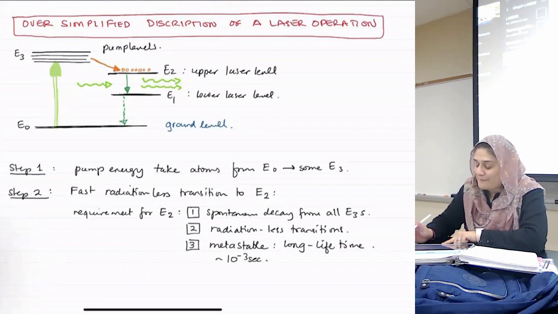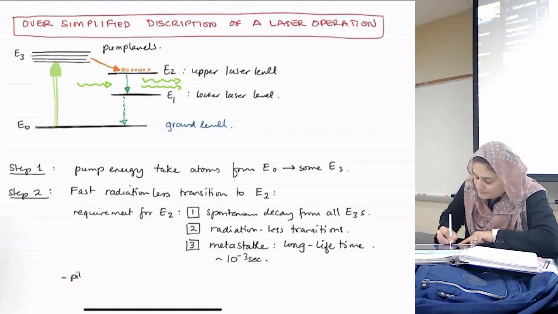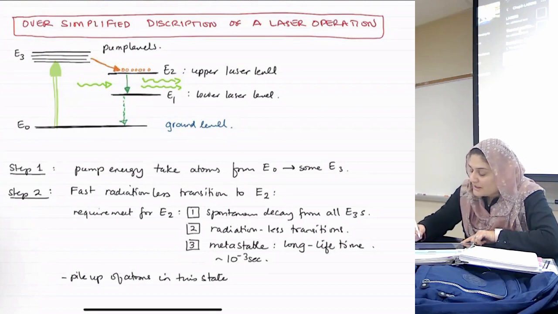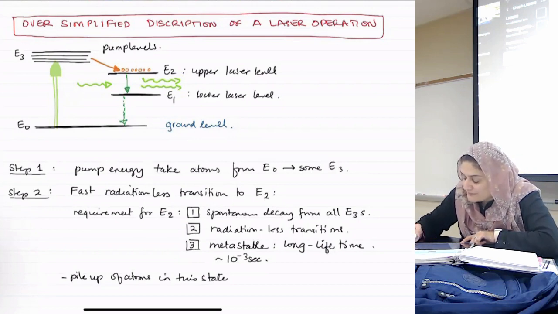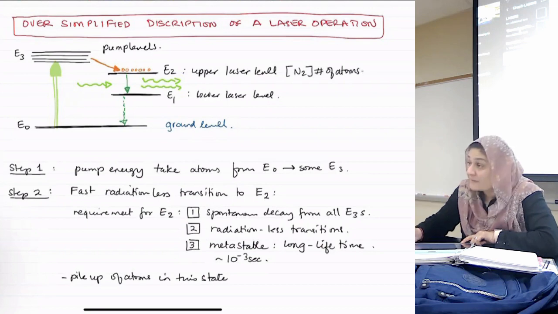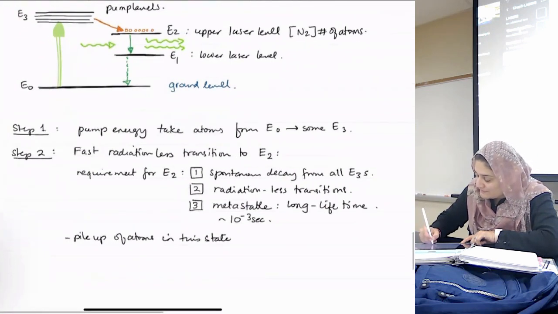So what will happen? There will be a pileup of atoms in this state. So that means if I call the number of atoms in this state N2, then that means N2 will become large.